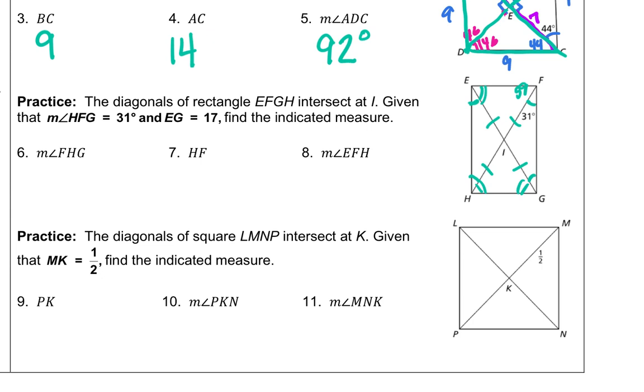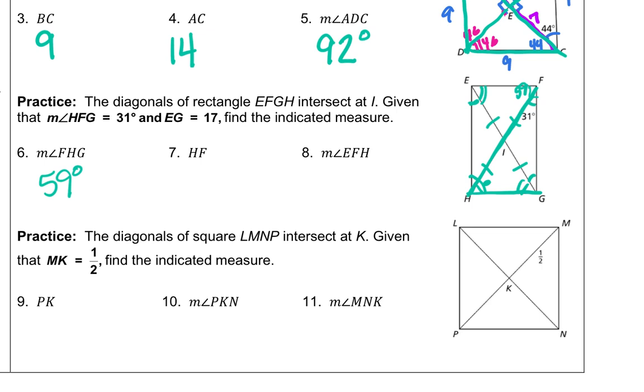So what is the measure of angle FHG? So F to H to G would be this one right here. So we know that's 59 degrees because these two add up to 90 because it's a rectangle. HF, well, HF is this right here. So I'm going to have to do Pythagorean theorem to find that.